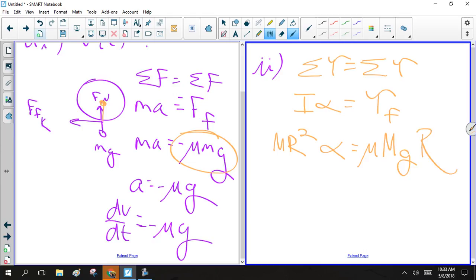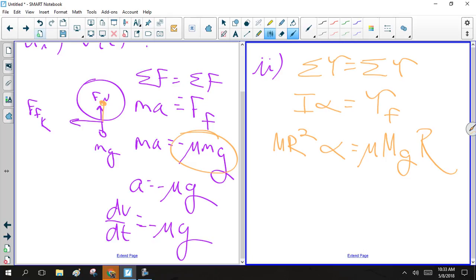Positive or negative? Negative. Is my angular velocity going to increase or decrease? What's the angular velocity at the beginning? 0, right? It's just sliding at the beginning. So you've got to gain angular velocity.